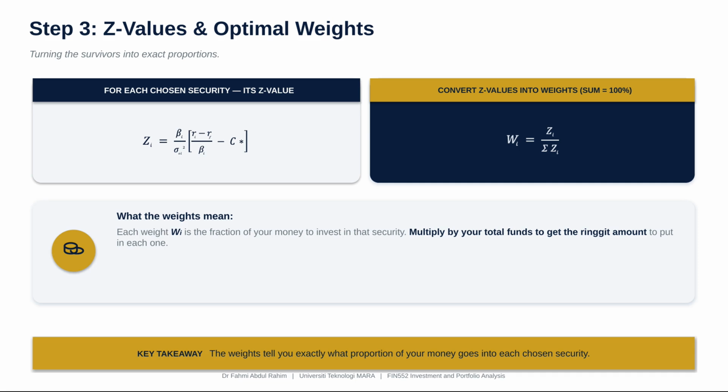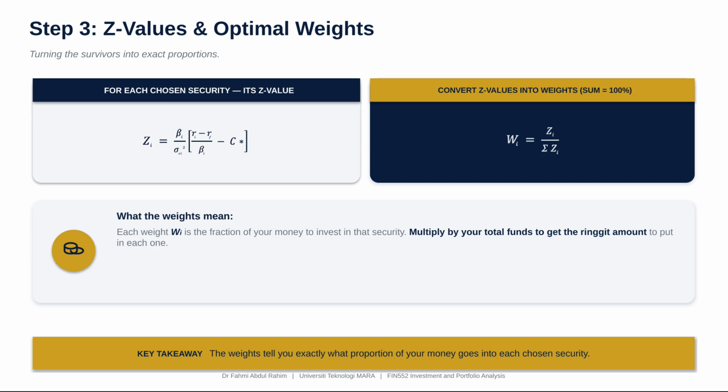First, for each chosen security, we compute its Z value using the formula on the left. The Z value is the security's beta divided by its residual variance, sigma e i squared, multiplied by, in brackets, its excess return to beta ratio minus the cutoff C star.